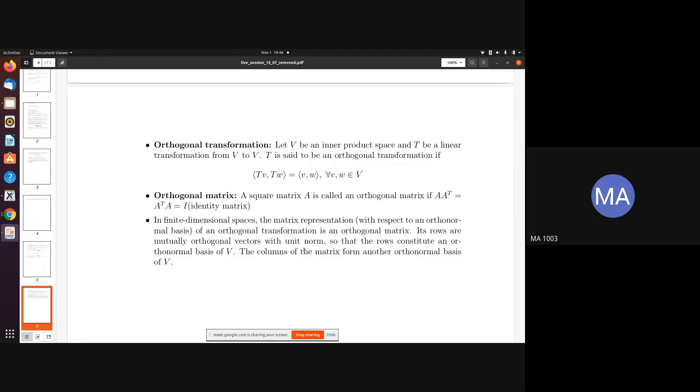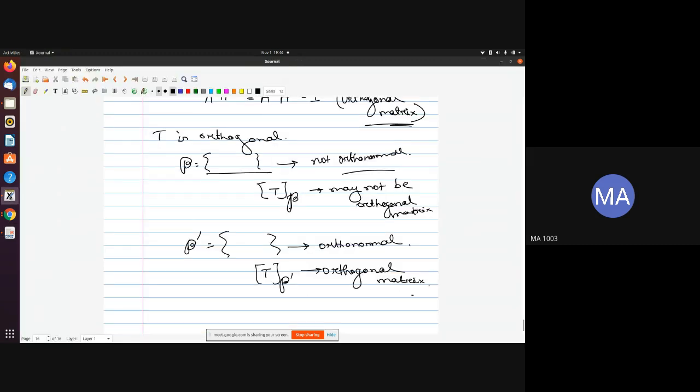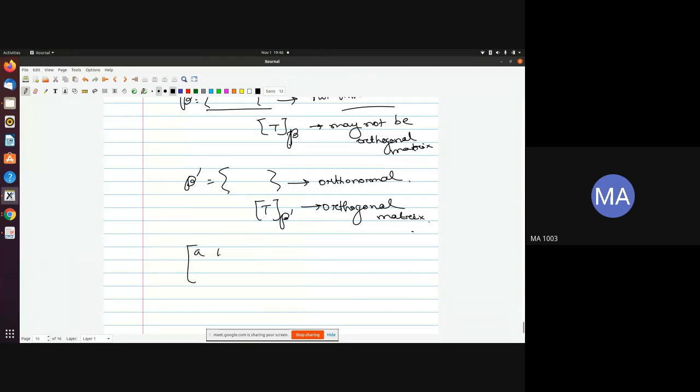That is quite clear, right? If you take the rows of the matrix, suppose let's take a 2 cross 2 matrix A: a, b, c, d. And if I take its transpose, what am I getting? a, c, b, d. Right? So what I am getting here is a square plus b square, ac plus bd, here ac plus bd, and c square plus d square.